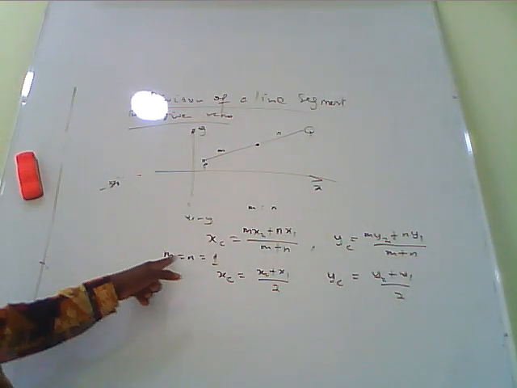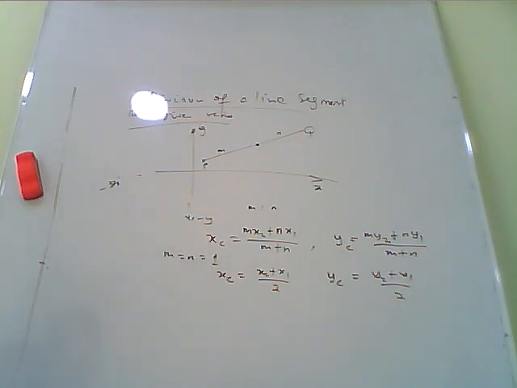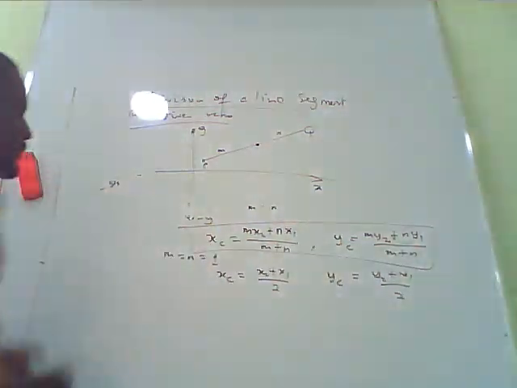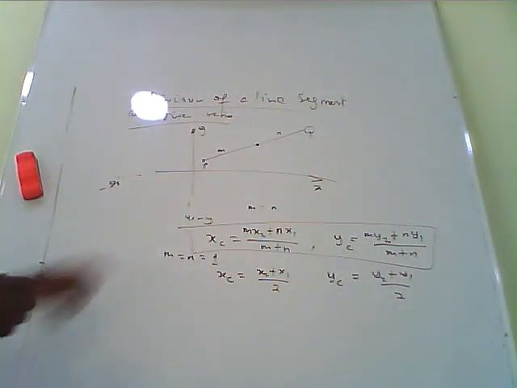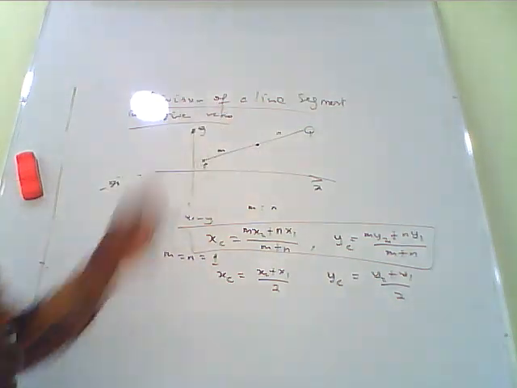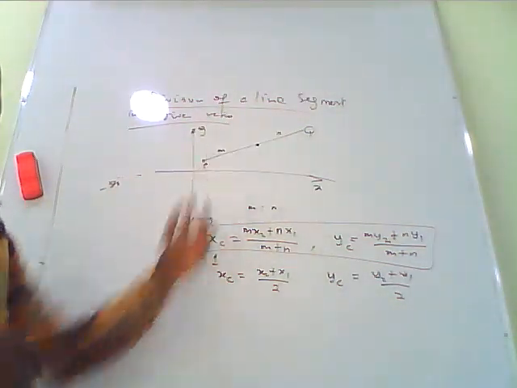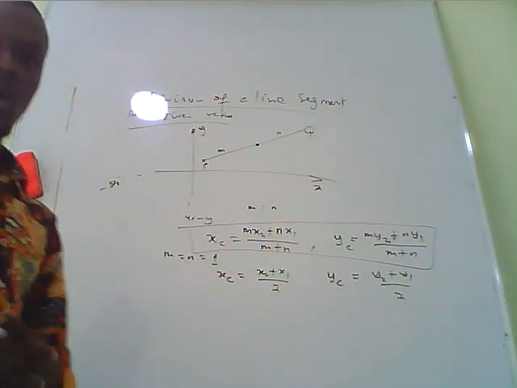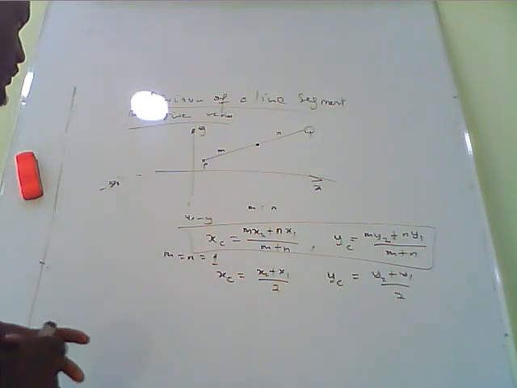Now, what if m and n are of different ratio? We're going to use the same formula to find the point when this line is divided in the ratio m is to n. Sometimes we may divide the line internally, or we can divide the line externally.